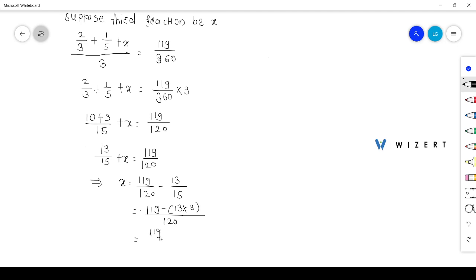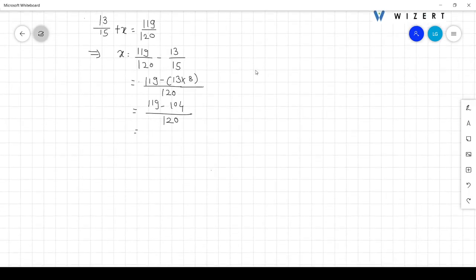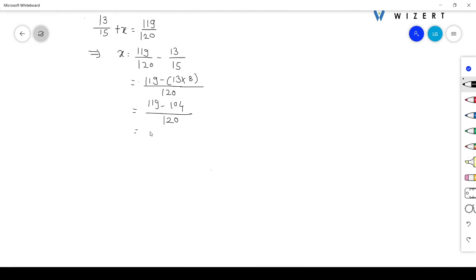So 119 minus 13 into 8 is 104, divided by 120. 119 minus 104 is 15. So 15 divided by 120.